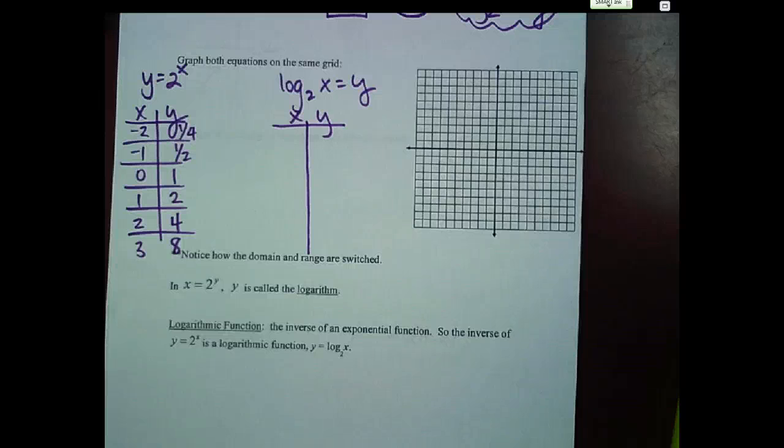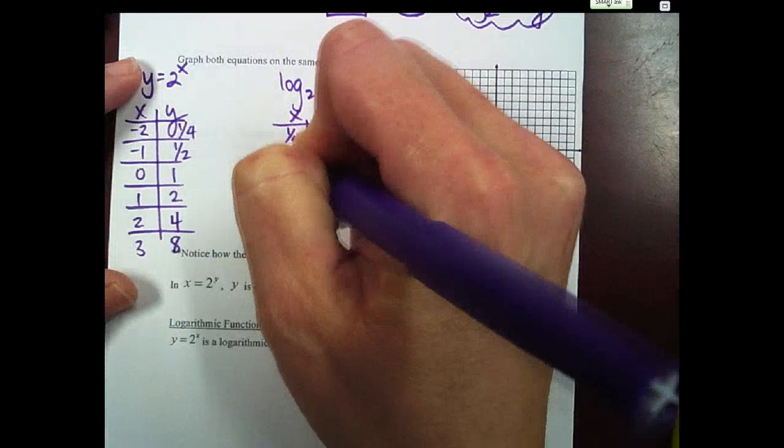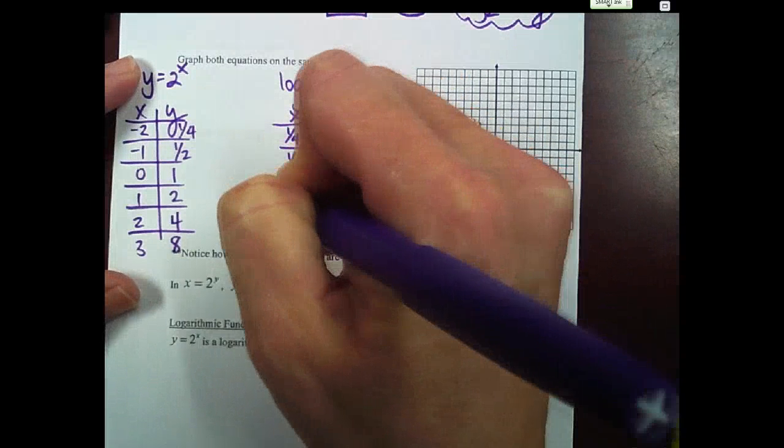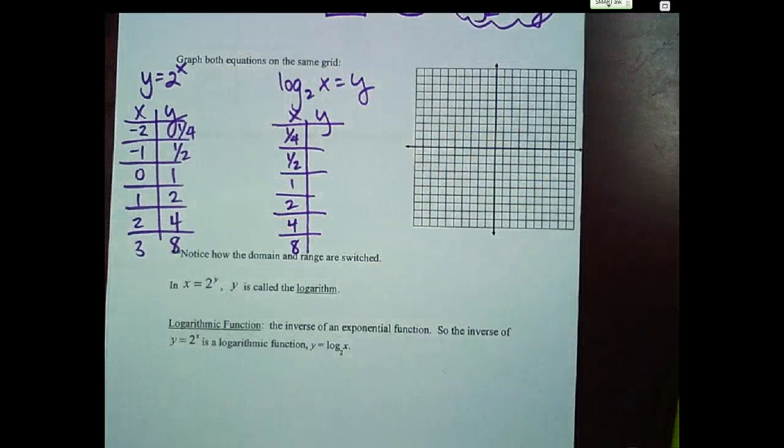Instead of doing all the math again, if it's an inverse function, what do we switch? The x's and the y's. Can't I just do that with the values? Yeah, switch the x's and y's. So all the y's are now x's, and all the x's become y's.